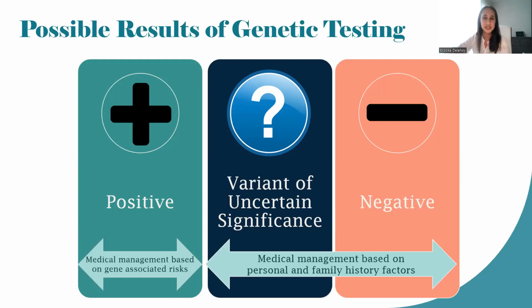And what this means is that there was a genetic change that in looking at the genes involved in the genetic test that the laboratory noticed. However, they don't yet have enough data to firmly say, is this result positive, meaning disease causing, or is it negative, meaning it's benign, it's normal?